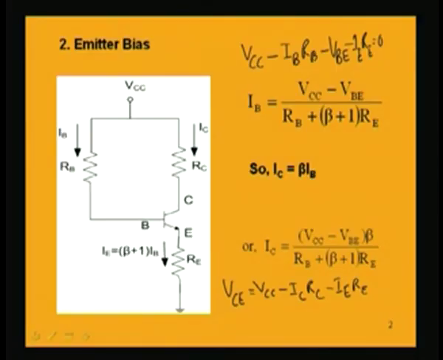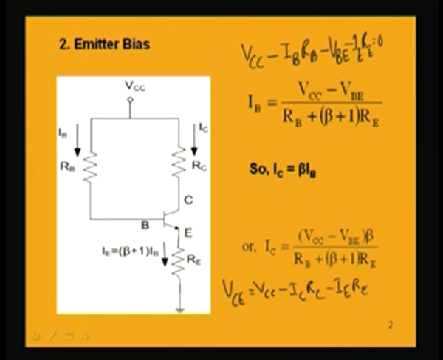Now, this effect is taken care of by this emitter resistance, because if we have a rise of IC because of rise of IC naught, what will happen is that the drop across this emitter resistance, IE into RE, will be rising because of the increment of IC.